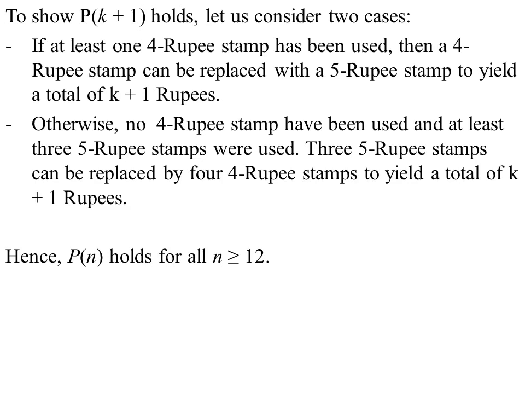Now you take k as 15. 15 is formed using three 5 rupee stamps. Now these three 5 rupee stamps you replace with four 4 rupee stamps to yield the formation for 16 rupees.